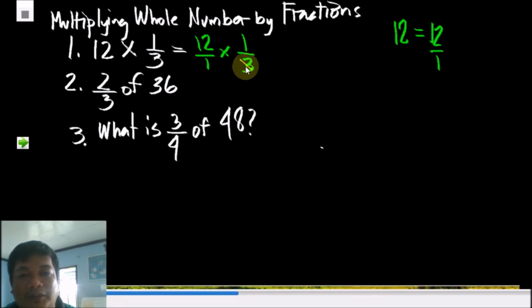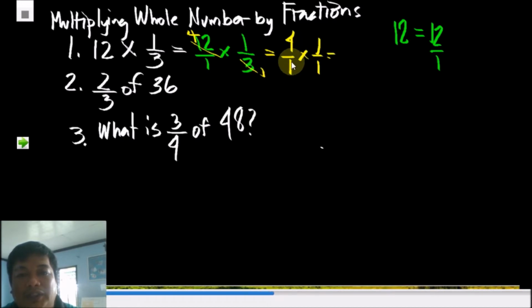What is the common factor that divides 12 and 3? That is number 3. 3 divided by 3 is 1. Then 12 divided by 3 is equal to 4. Then rewrite the fraction as 4 over 1 times 1 over 1.